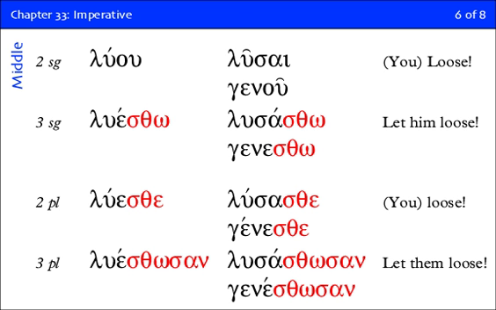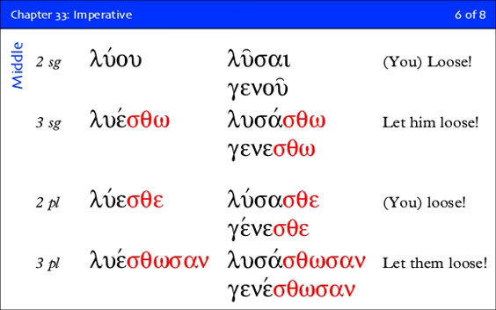Same form, same letters between this and the infinitive. They're very, very hard to confuse in context, though, because an infinitive normally follows a verb, or it's going to have an article with a preposition or something with it. That'll be the clue that it's an infinitive. They're very difficult to confuse in context.